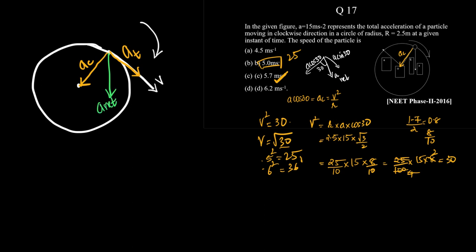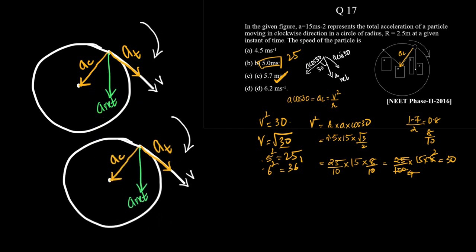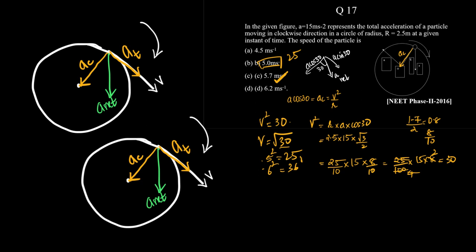is a net, right? So now in the question it is given that for the same condition, it doesn't talk about velocity, it doesn't talk about centripetal acceleration either. What it says is the net acceleration is inclined at an angle of 30 degrees.